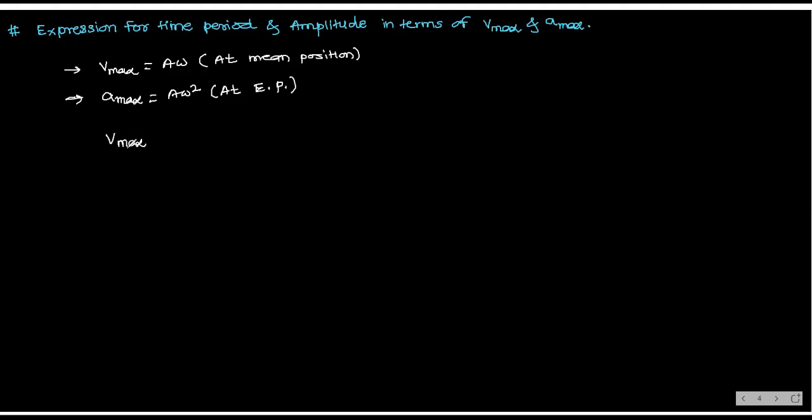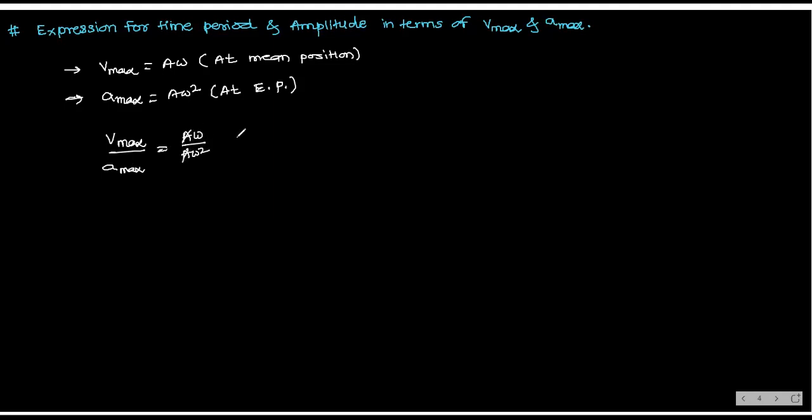V maximum divided by A maximum, that is maximum velocity divided by maximum acceleration. Then what we are getting? Yes, A omega by A omega square, right? So this is equal to A omega by A omega square.